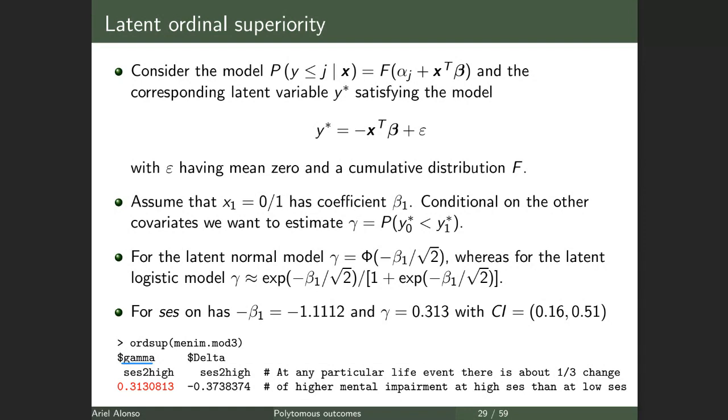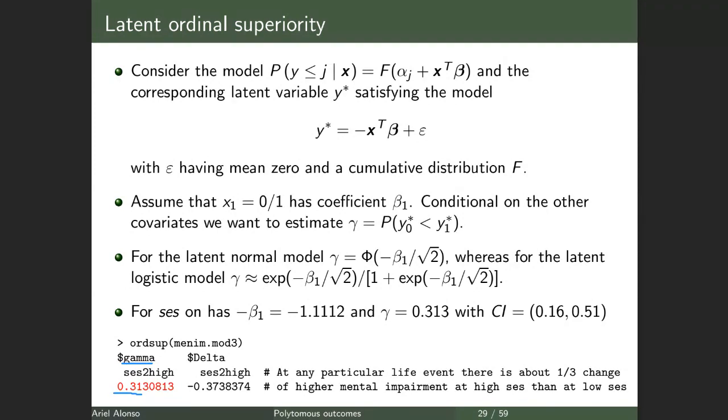You will get it for all the binary covariates, right? In this case, we only have a binary covariate, which is socioeconomical status. So you get that this probability is equal to 0.3, approximately 30%. That means that at any particular life event, for any number of life events, there is about a 30% probability of having a higher mental impairment for people in the high economical status than for people in the low economical status.